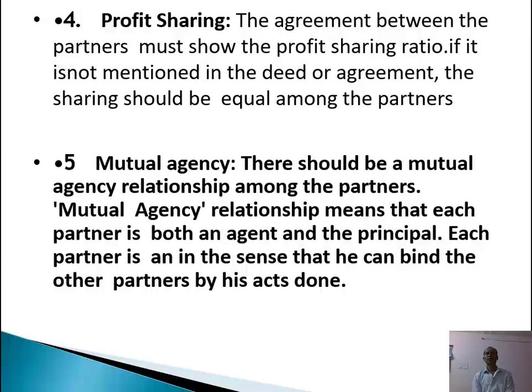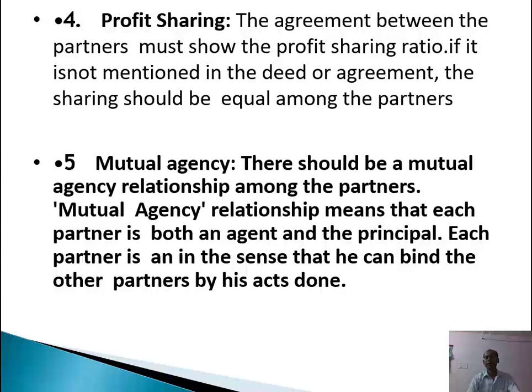And if it is not mentioned in that deed or agreement, the profit and losses should be equal among all the partners. Generally, the profit sharing is mentioned.